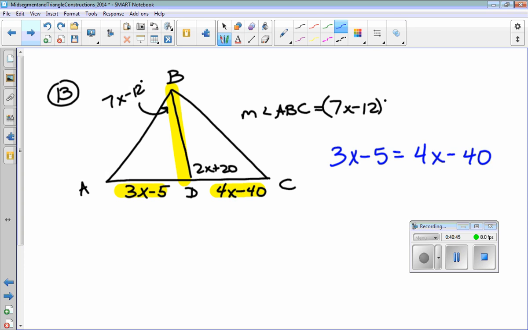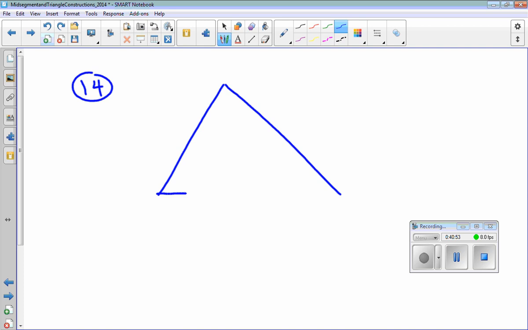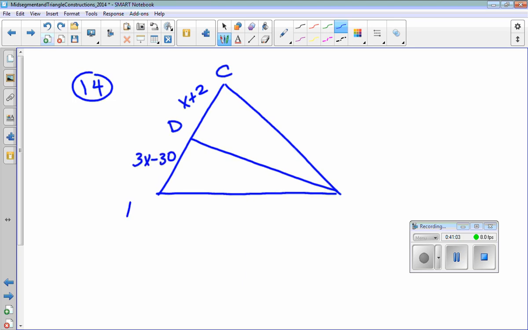Let's look at 14 now. 14 is a little bit harder. What's the key word in 14? Angle bisector. So again, we're worried about angles. How can I write the equation here? This one's a little bit more difficult. See if you can figure it out.